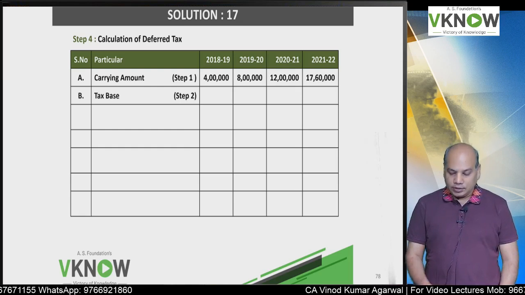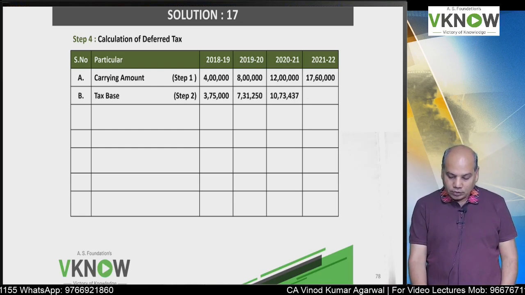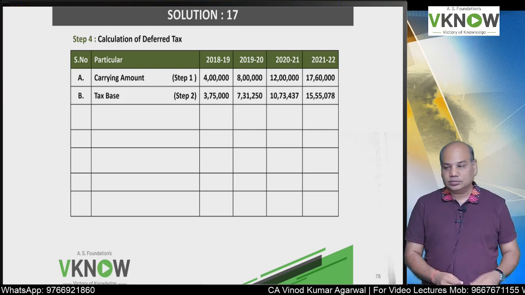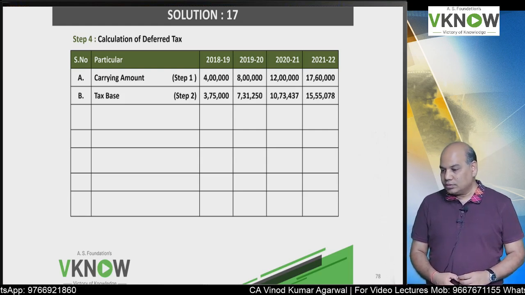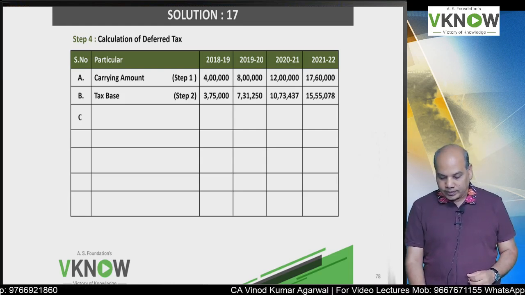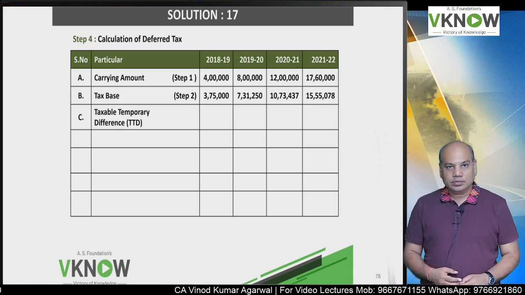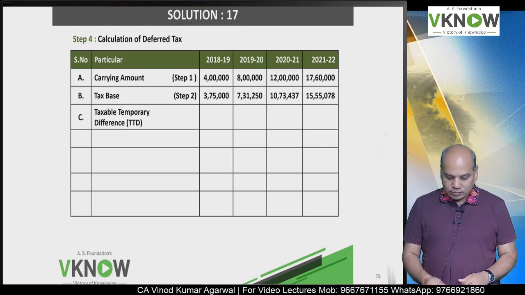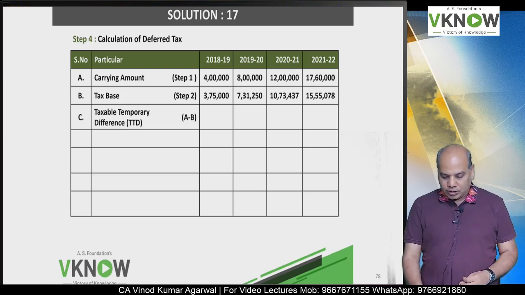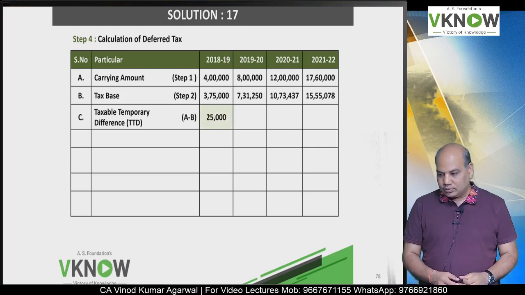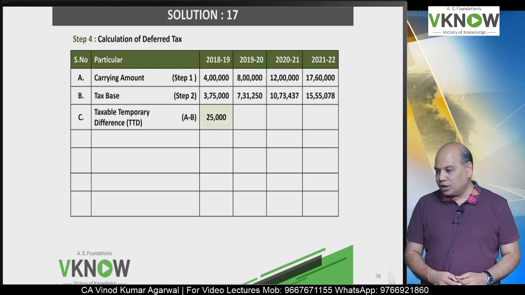Step 2 last line. Check. Then we'll write down taxable temporary difference. Taxable temporary difference, A minus B in all the 4 years.